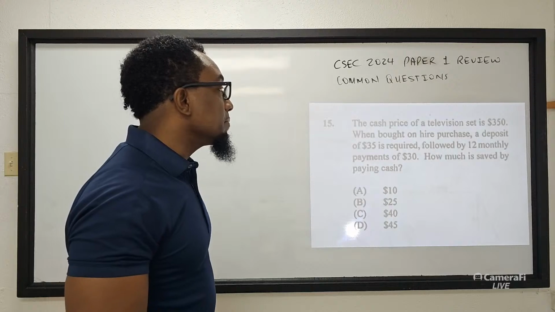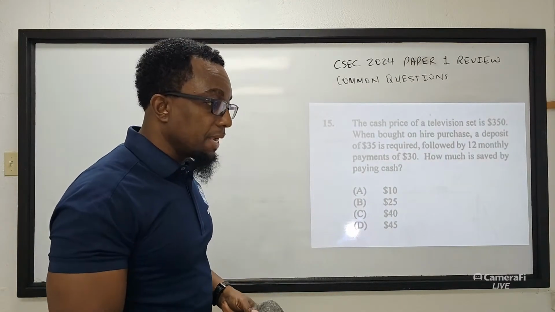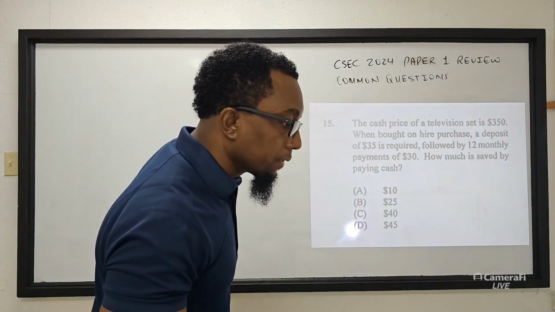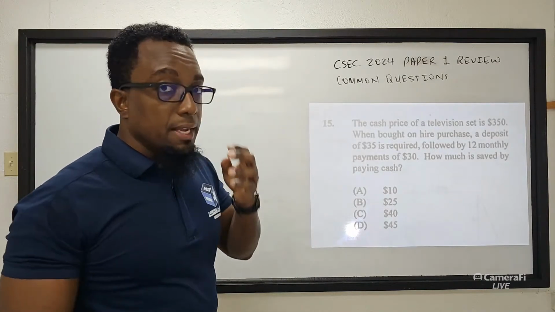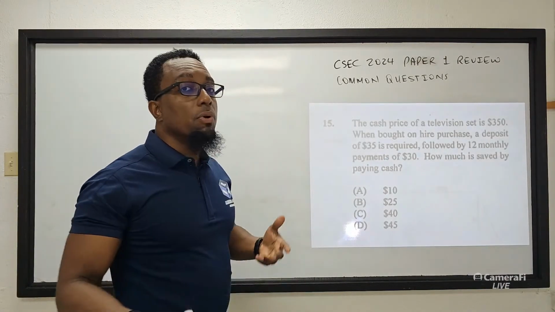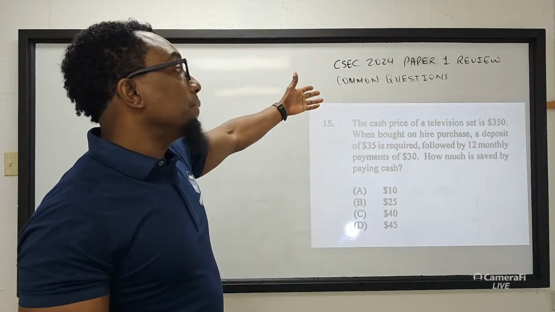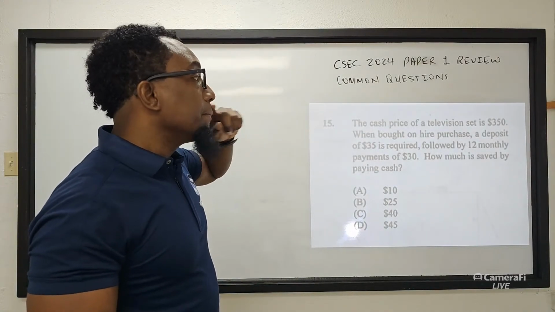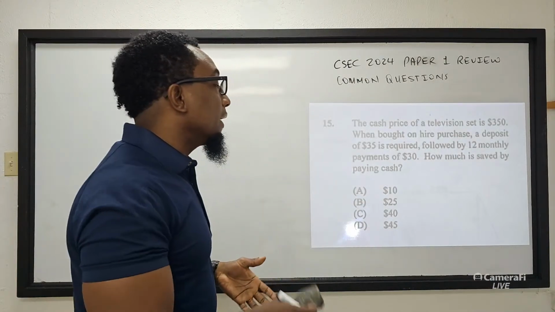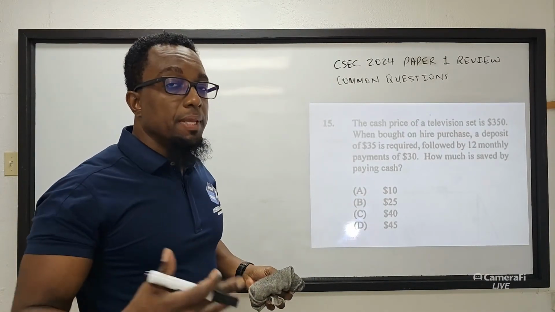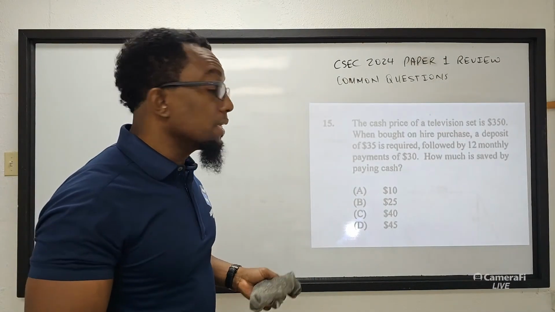How much is saved by paying cash? Clearly, if it's bought on hire purchase, you're going to pay more than the cash price of $350. And if you buy something on hire purchase, you always have to make a deposit, and the remaining money is paid in equal monthly payments.